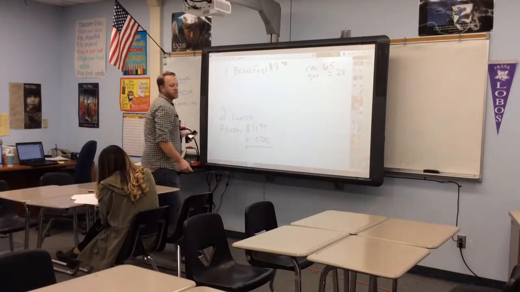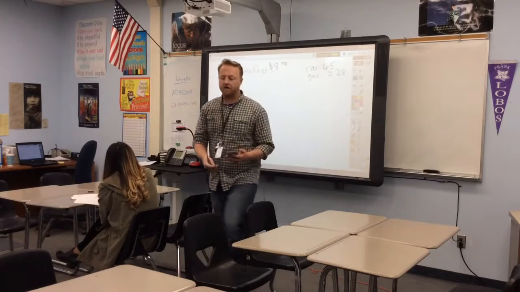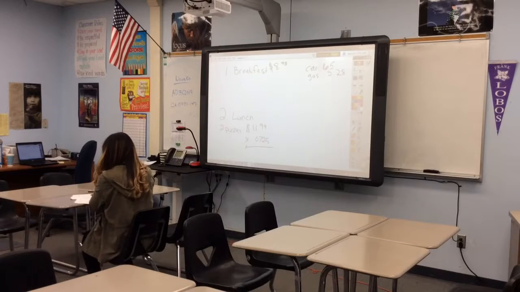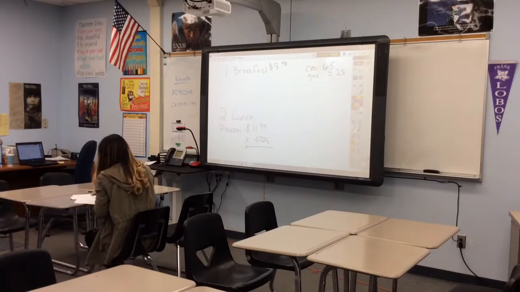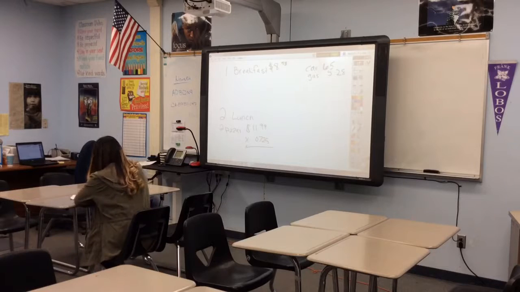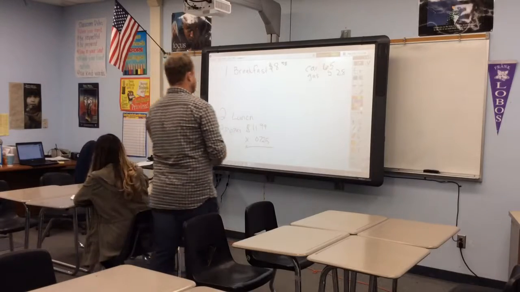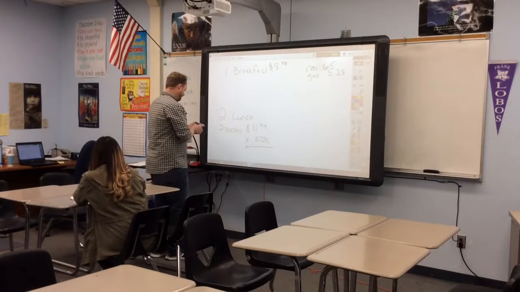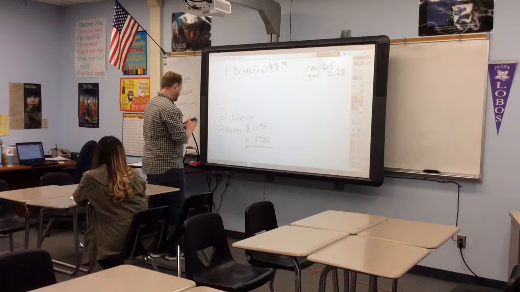Same thing as we did before, so in your groups, go ahead and calculate that out. Perfect. So, does anyone want to share what they got? Nice job. You got that right.